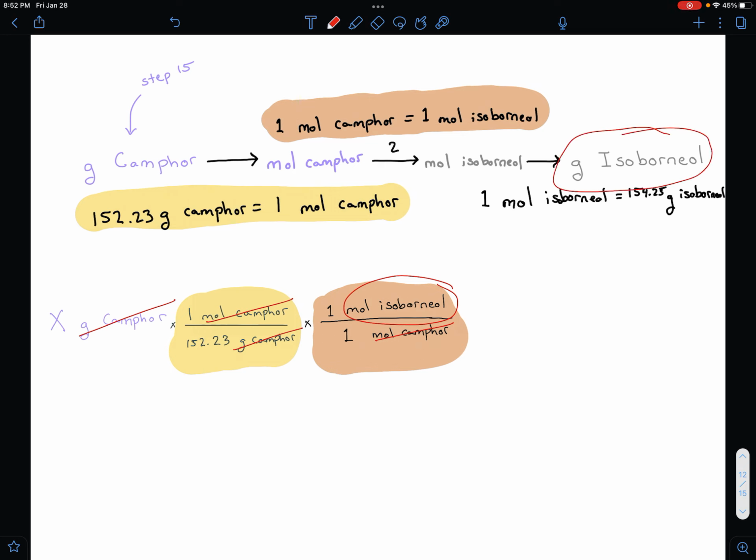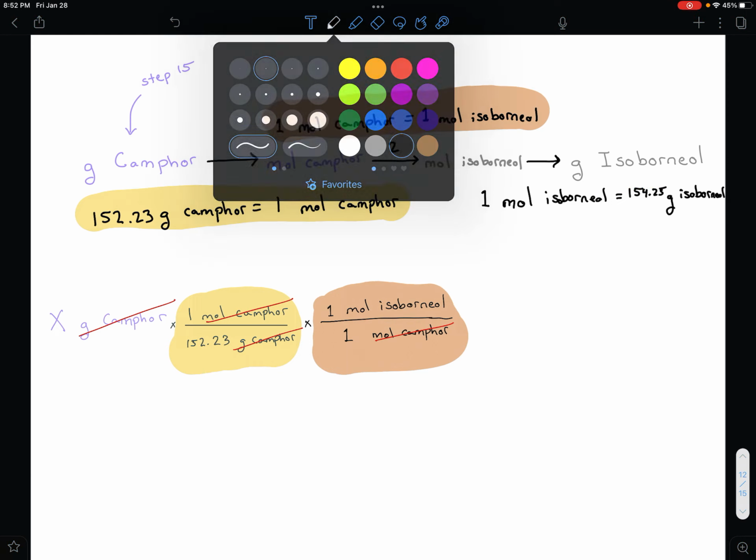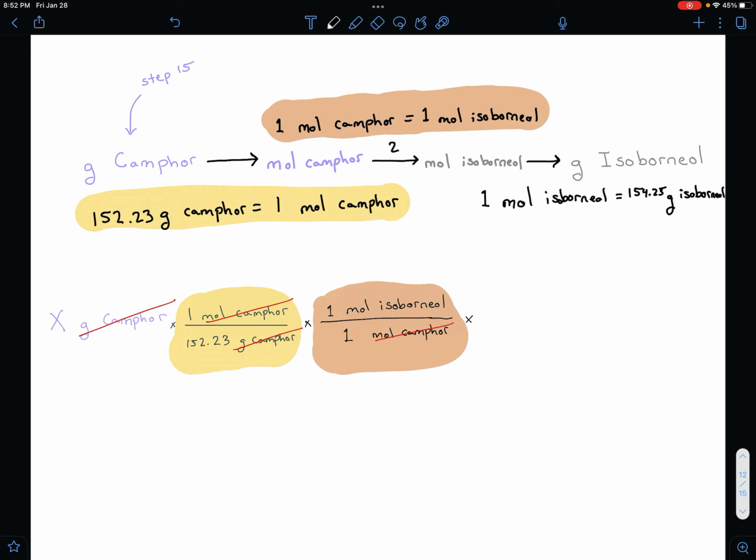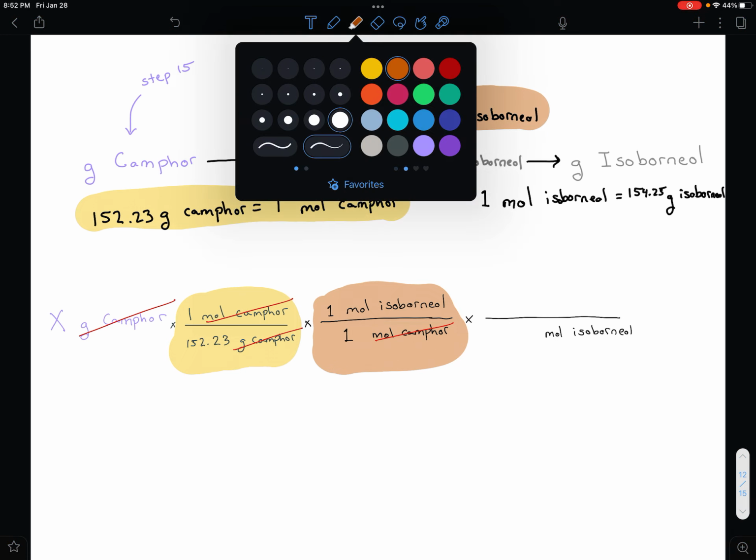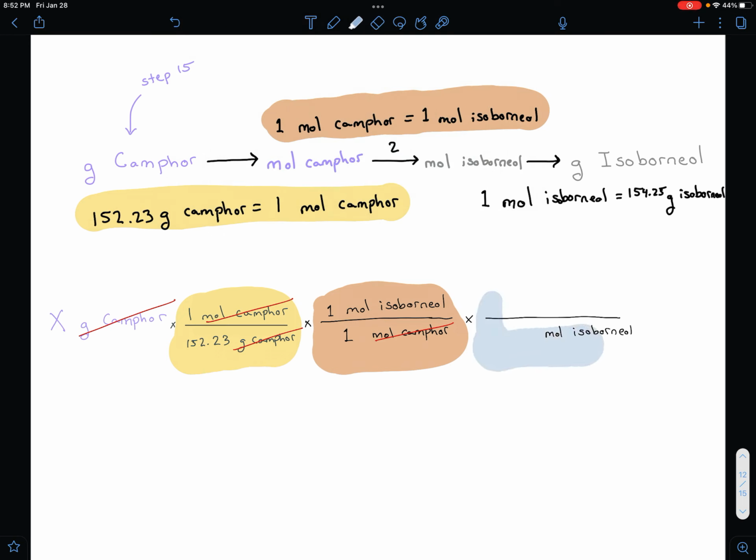but we don't want moles of isoborneol. We want grams of isoborneol. That's the theoretical yield. So we have to do one last conversion. Every time you do a conversion, you write a multiplication sign, a fraction bar, and the units you start with on top of the fraction go on the bottom of the next fraction so that they'll cancel out. We'll fill in this third and final fraction with our third and final conversion factor.